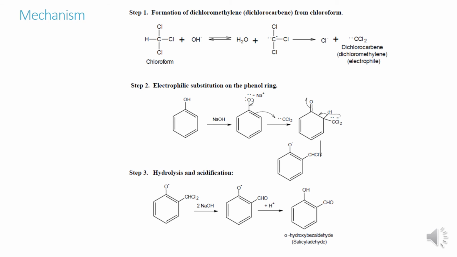In presence of base, dichlorocarbene is generated. It is a positively charged compound. So substitution takes place at ortho or para positions.